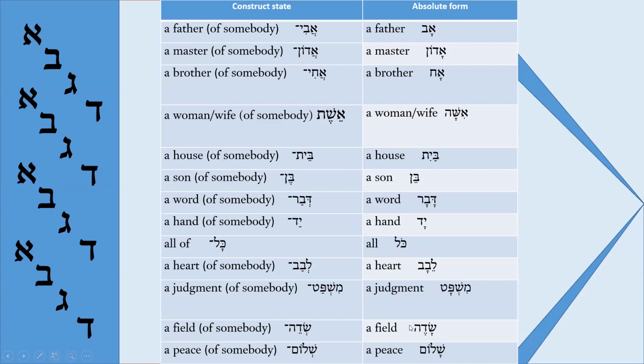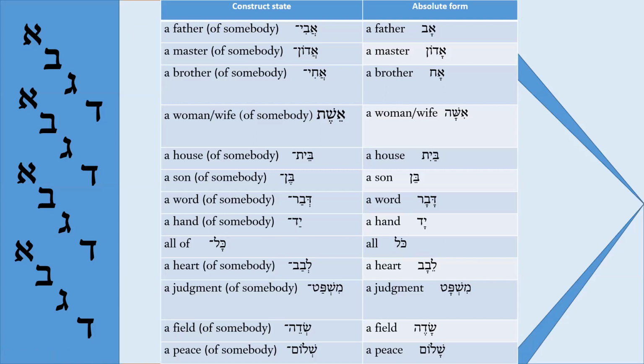Sadeh, a field, and it will be sadeh. So I cannot explain why segol is transformed to tzere, but the first one, kamets, is clear, it is reduced to shiva. So we can see the general rule.